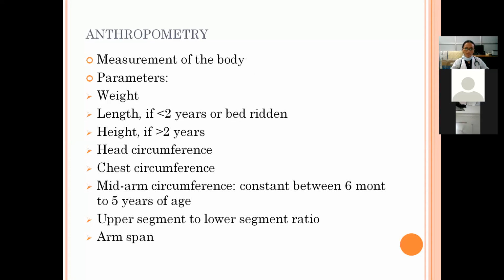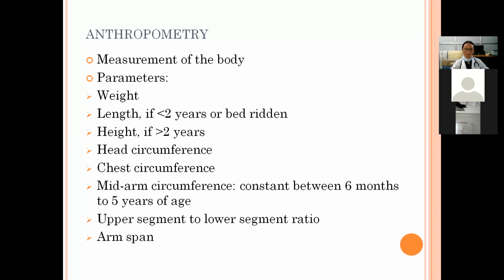So after completing the vitals, you come to anthropometry. Anthropometry is the measurement of the body. The various parameters that you use for measuring the body are the weight and the length. Length is used if the child is less than 2 years or if the child is bedridden. You take the height if the child is more than 2 years, is not bedridden, and is able to stand up.